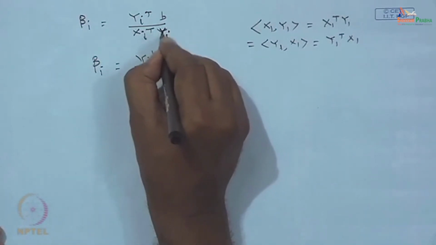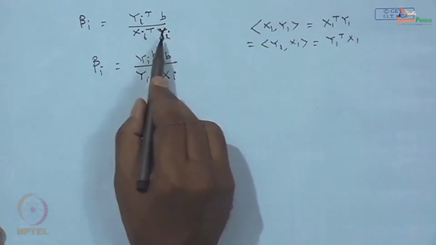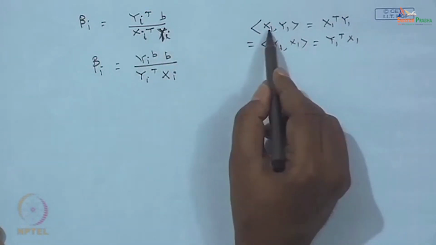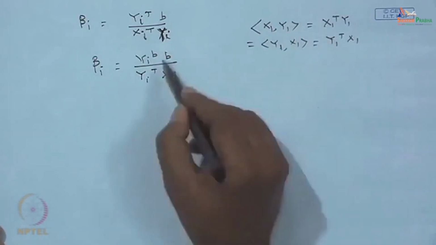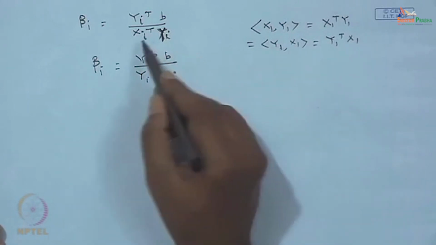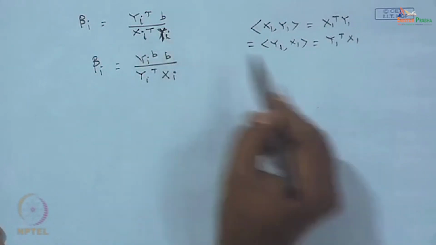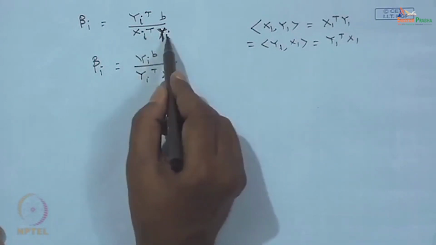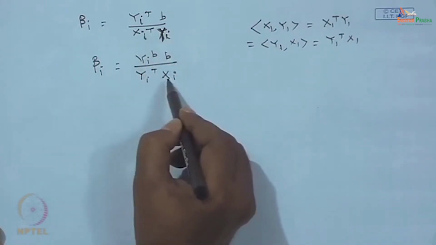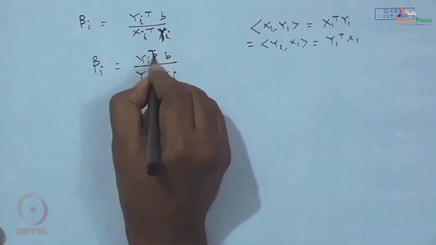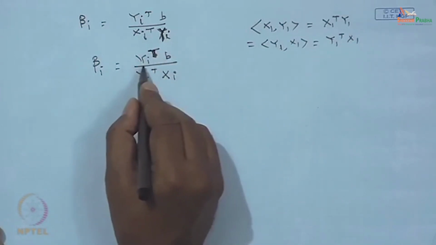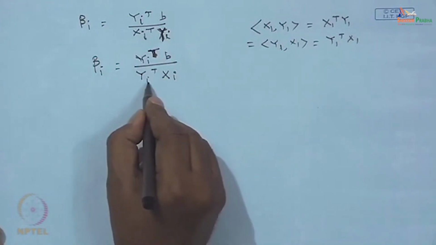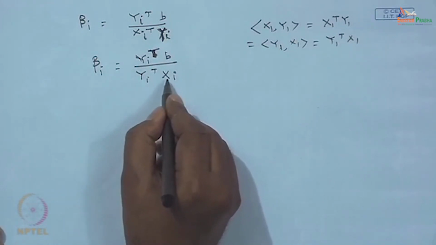Sorry, this will be y, this will be y. So, they are identical. The inner product of x i and y i is identical to the inner product of y i and x i. Why have we written it in this form? Because here this transpose appears as y i, so I would like to put it as y i transpose x i.